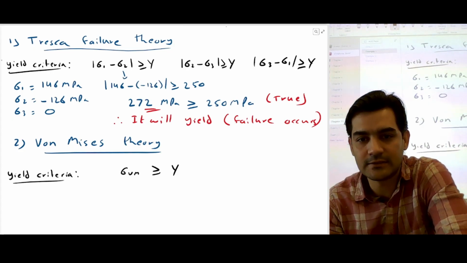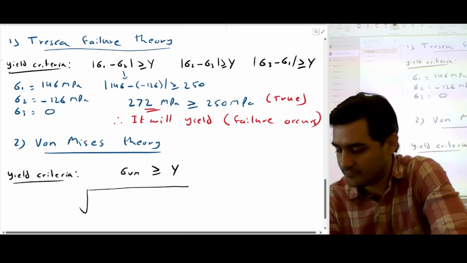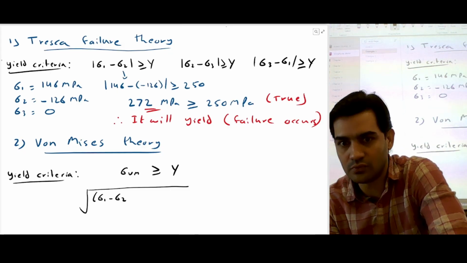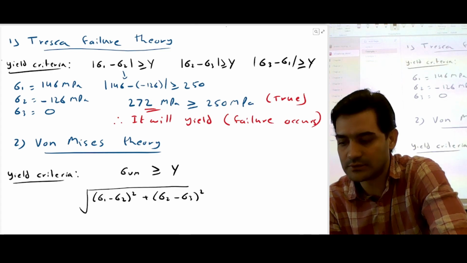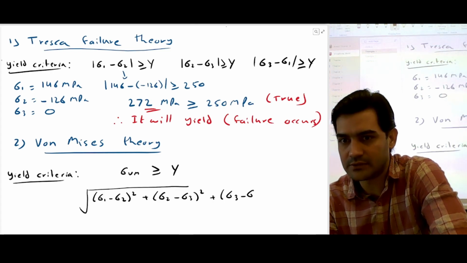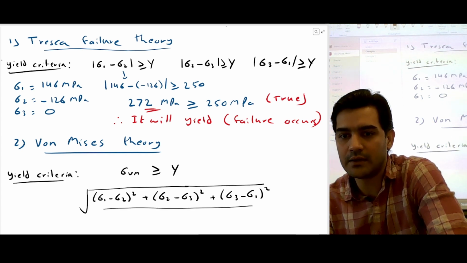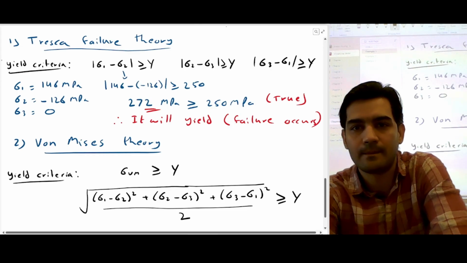And for this sigma Vm, we also have a formula, which is stress 1 minus stress 2 whole square, plus stress 2 minus stress 3 whole square, plus stress 3 minus stress 1 whole square, divided by 2, should be greater than or equal to yield.